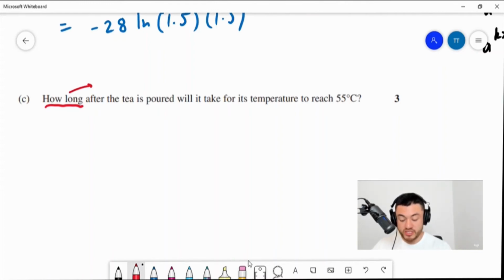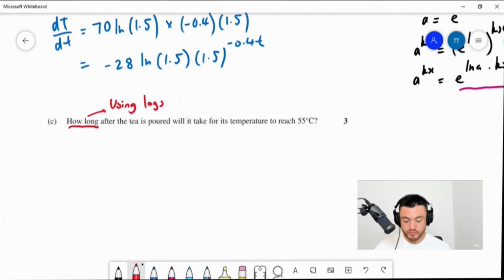So you should be thinking in your head, I'm going to be using logs to get the time variable outside of the exponent. And then we're just relying on our algebra skills to rearrange for the value of t.